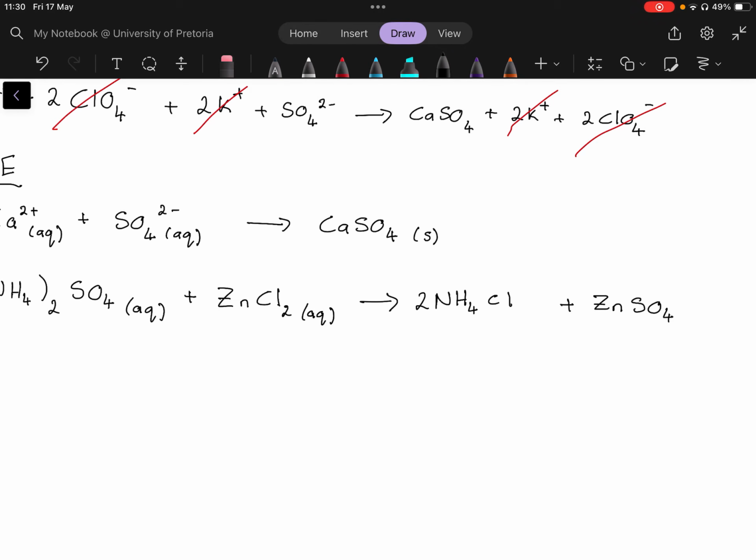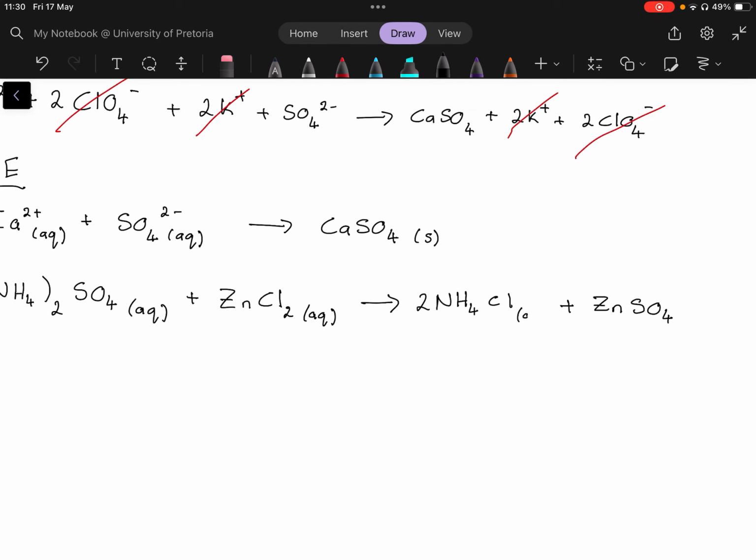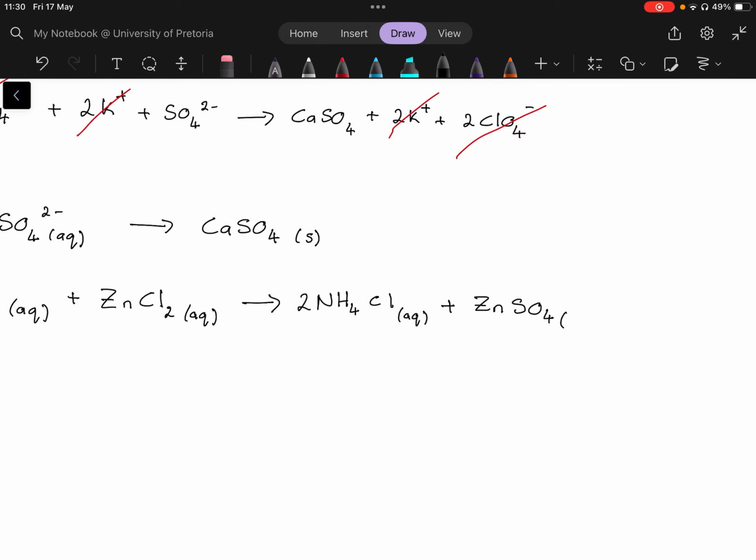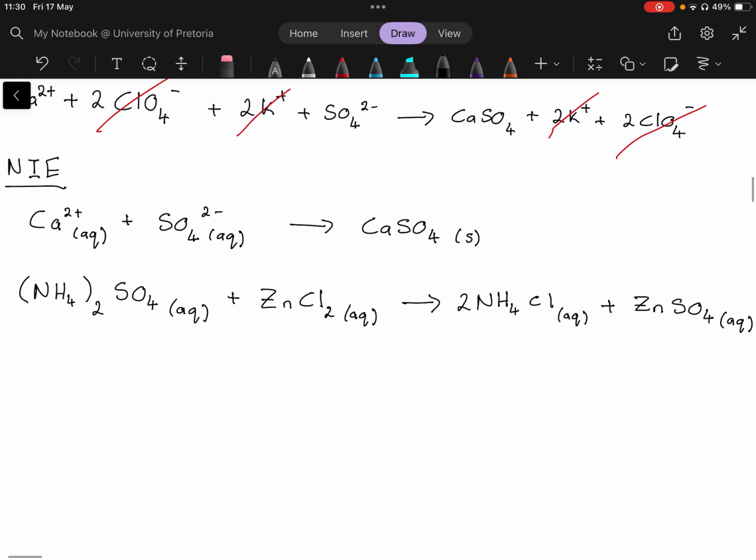So if we look up the ammonium chloride, we will see that yes, indeed, this is something that can dissolve, and the zinc sulfate is also something that can dissolve. So it means something interesting.